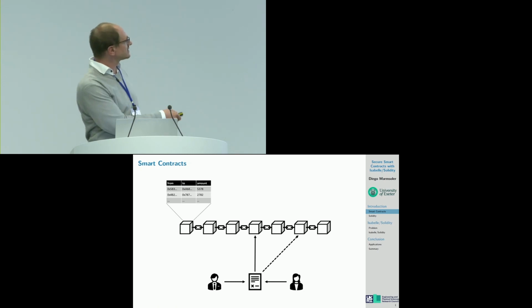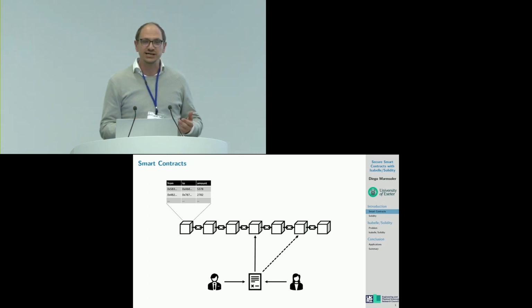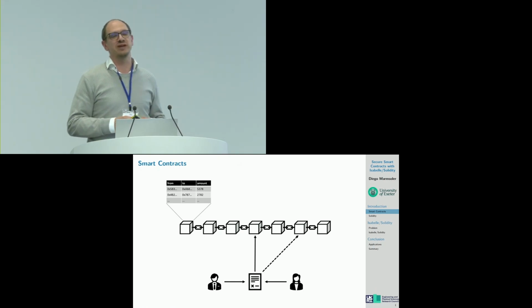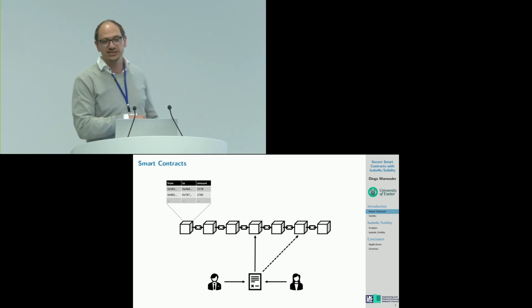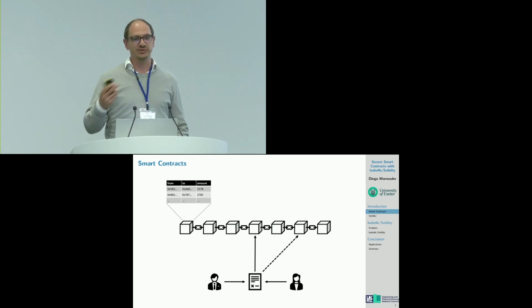They would formalize it in the form of a smart contract, deploy it to the blockchain, and at a later stage, when the conditions are satisfied, for example, when the buyer gets the goods, the smart contract would execute and modify the state of the blockchain. For example, release the payment to the seller.